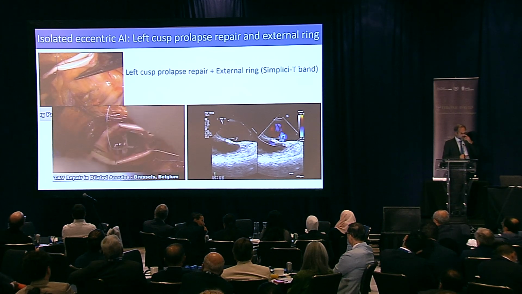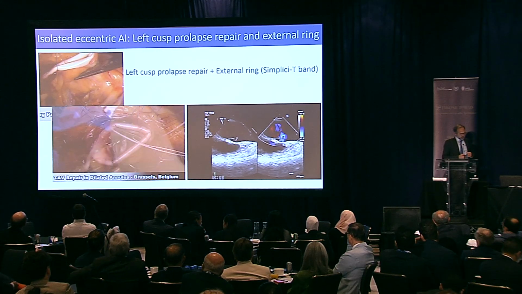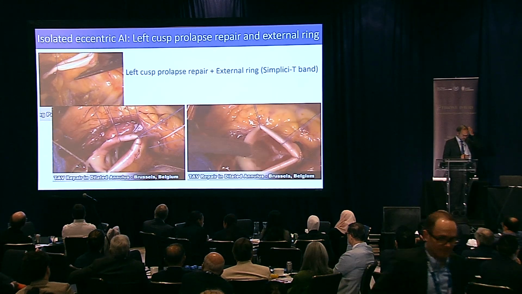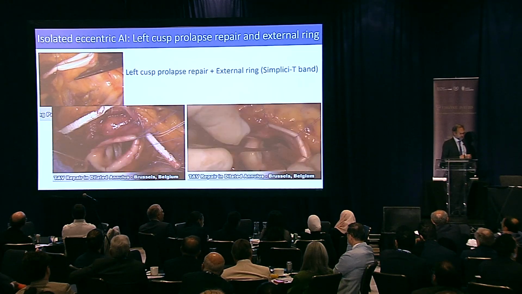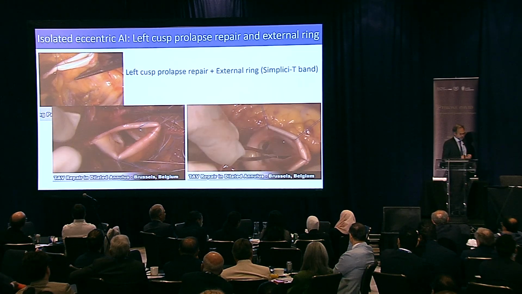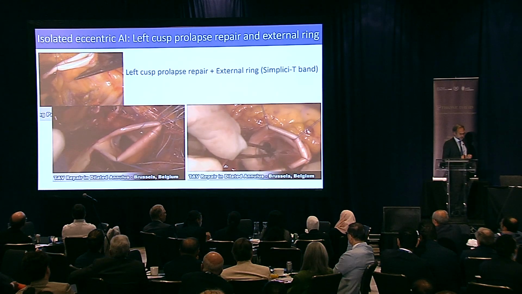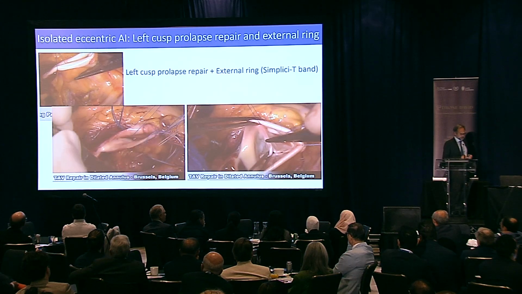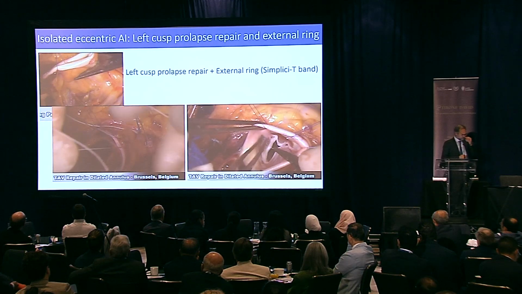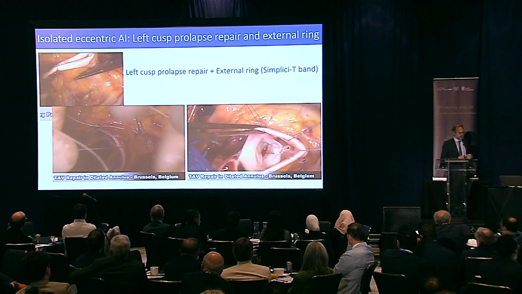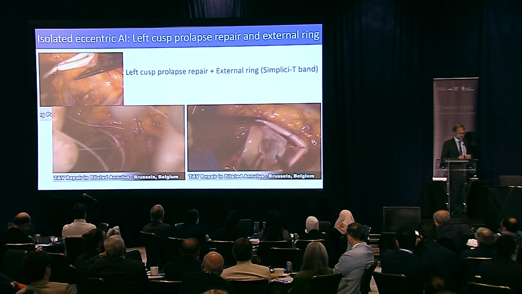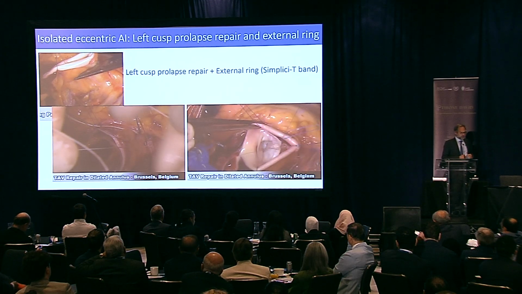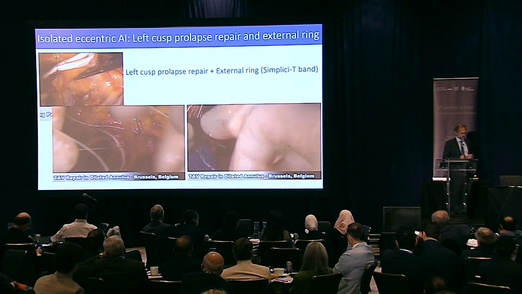At this time, we were using a simplicity band, again, an invention of our prestigious mentor, Dr. David. Unfortunately, this band is not on the market anymore, so we replaced that with a Dacron strip or a Gore-Tex tube if we do an external ring.